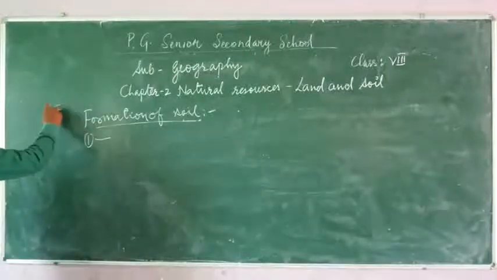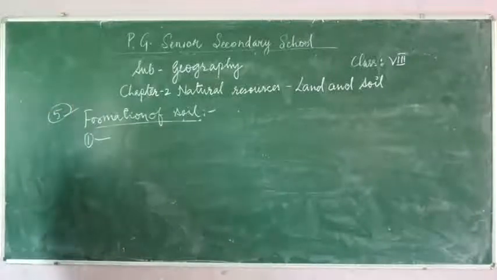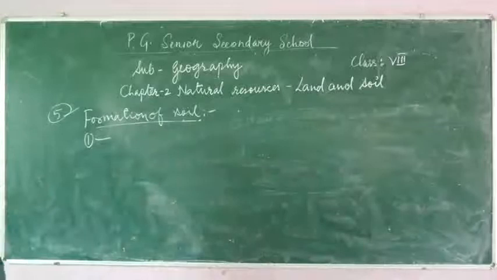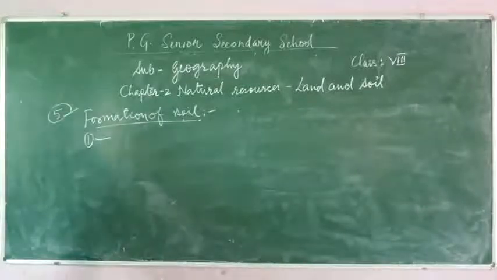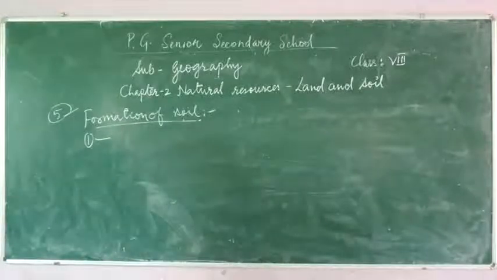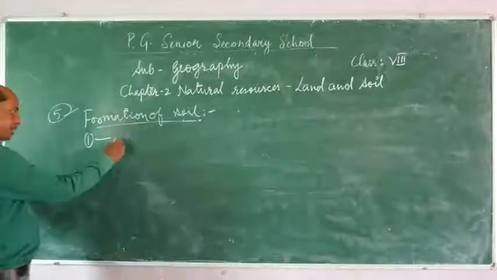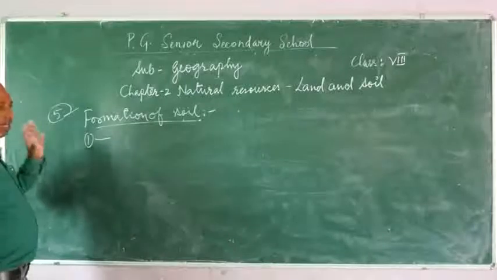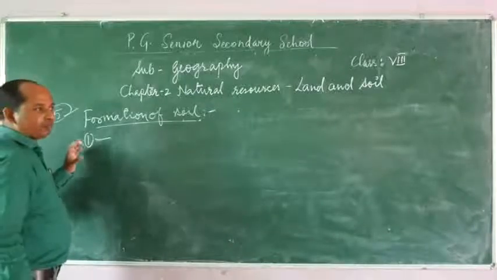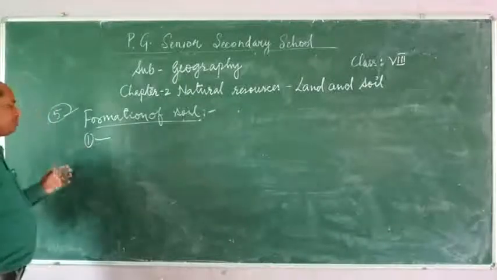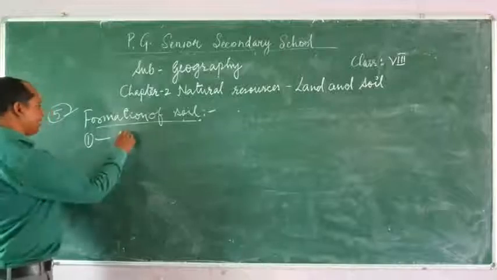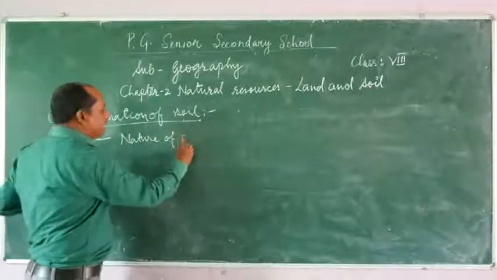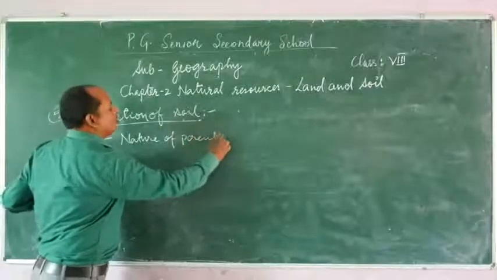Basically, we have to study the 5 factors which are responsible for the formation of soil. The first one is the nature of parent rock. You know well, the nature of parent rock is responsible for the color, texture, and what type of nutrients are found in the particular soil.